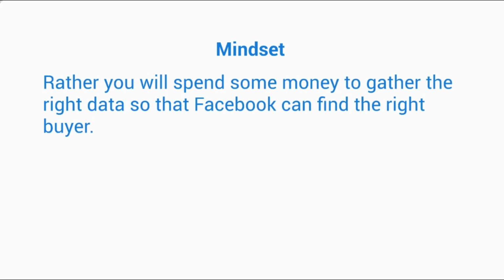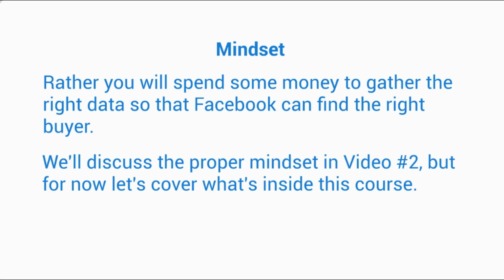You see, with Facebook, what you're trying to do is you're investing that money to figure out who is actually interested in your product. You're going to figure out the text that you use, which text is the winning text, which image is working well, and when you're able to get the right data on that, you will be able to use the right creative ad to target the right person. And we'll discuss more about this proper mindset in video number 2.